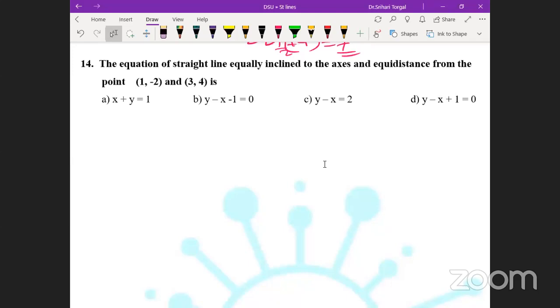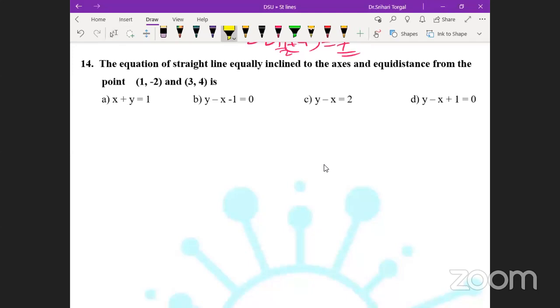Now, only straight line problems with the equation and the other points. The equation of a straight line equally inclined to the axis and equidistant from the point 1, minus 2 and 3, 4 is.